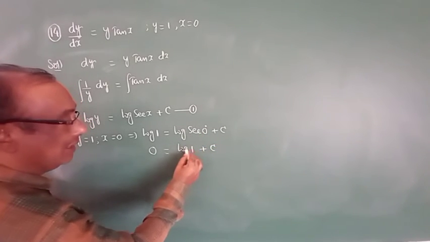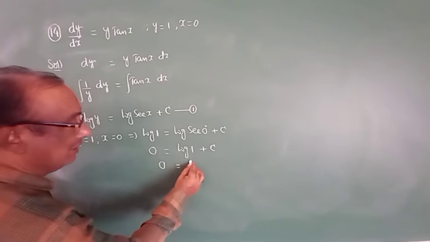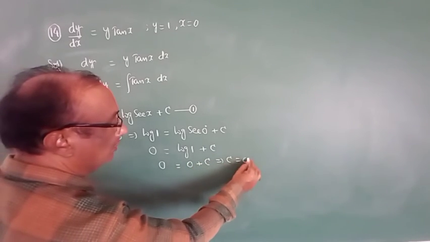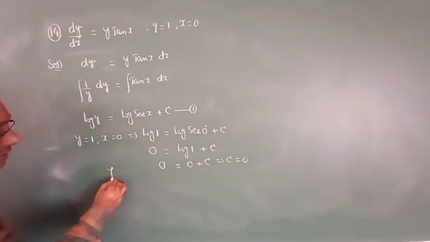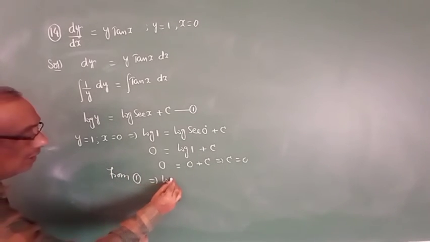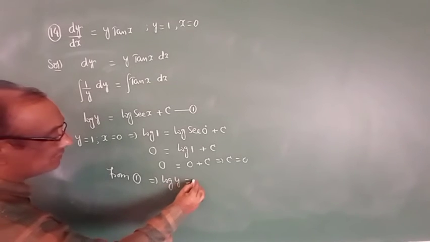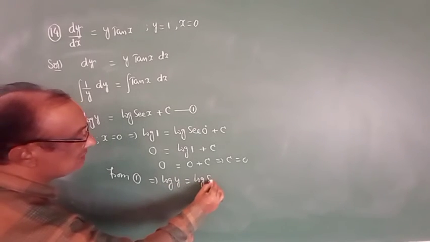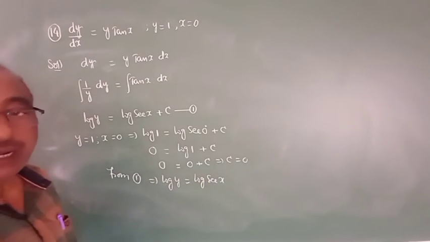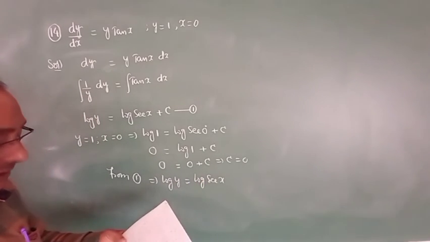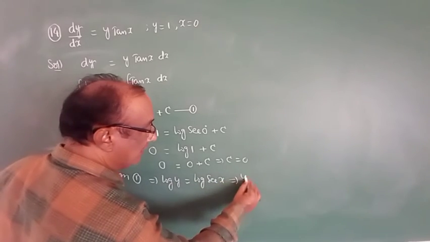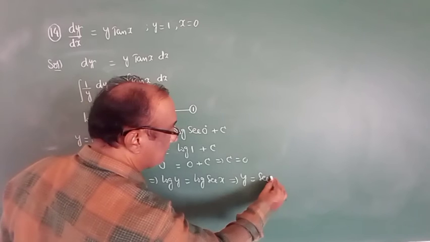So the c value is equal to 0. Therefore, now write down from the first equation: log y is equal to log secant x. Log is cancelled, and the answer is y is equal to secant x.